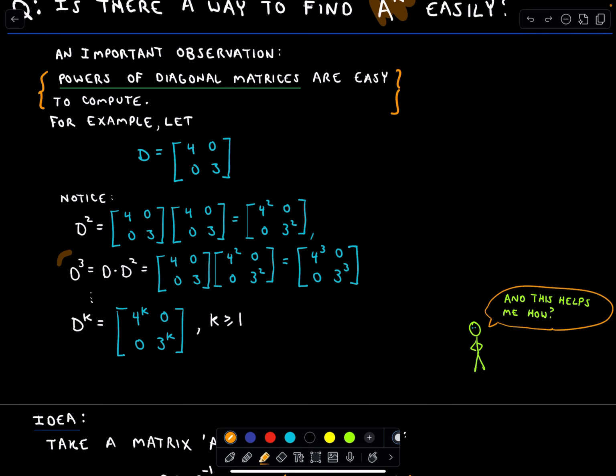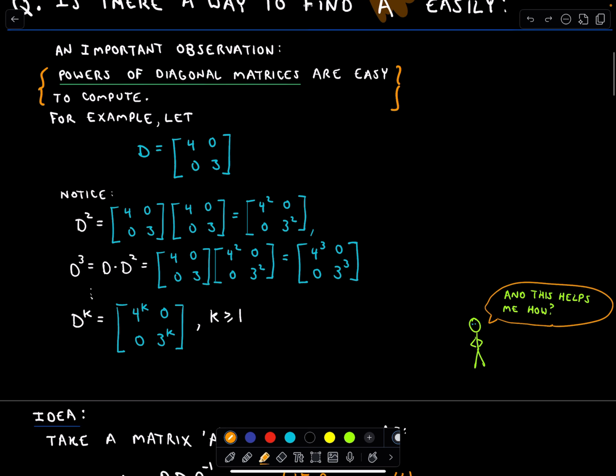Likewise, if I want to compute D to the power of 3, after the matrix multiplication, we get 4 to the third, 0, 0, and 3 to the third as our entries. If we keep this process up, it turns out that for our diagonal matrix D, if we raise it to the K power, we just take the entries along the diagonal and raise them to the power of K. Everything else still stays 0. So that's nice because it says computing the power of a diagonal matrix is easy. There's not much work involved.